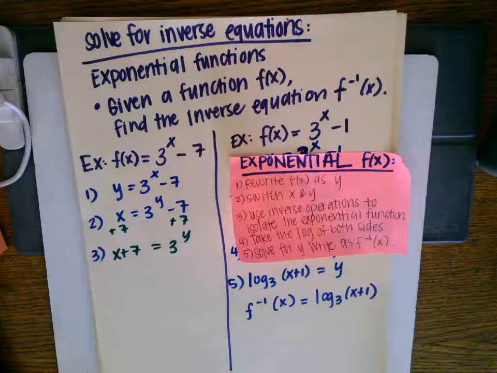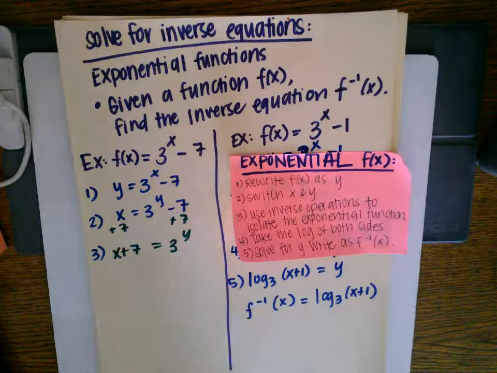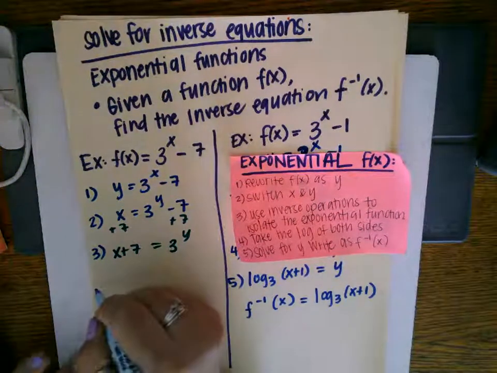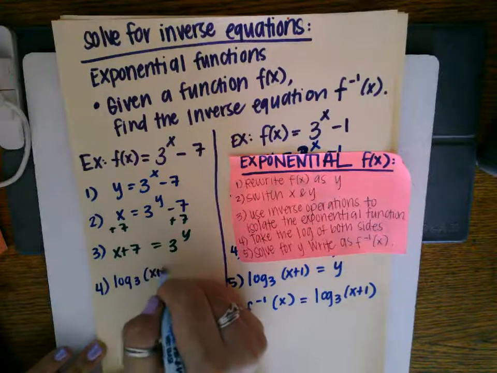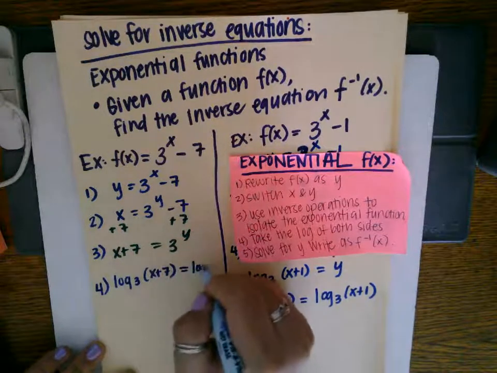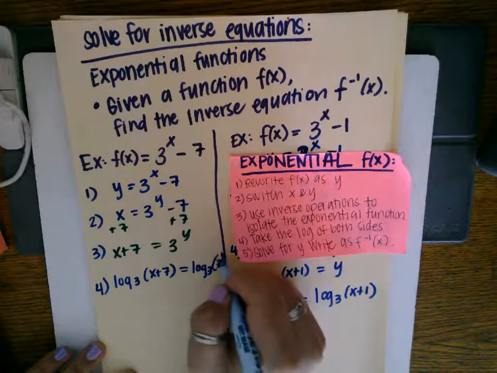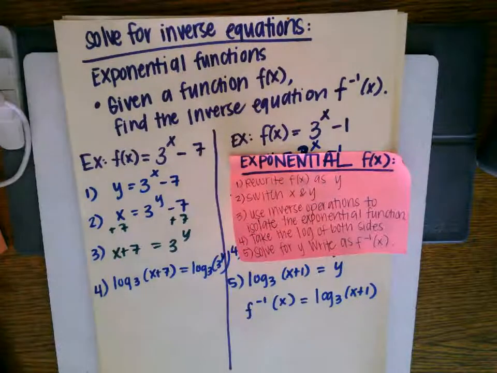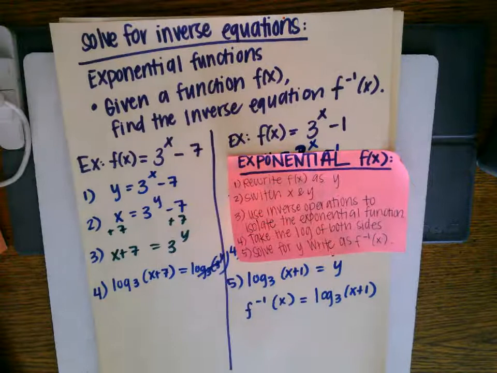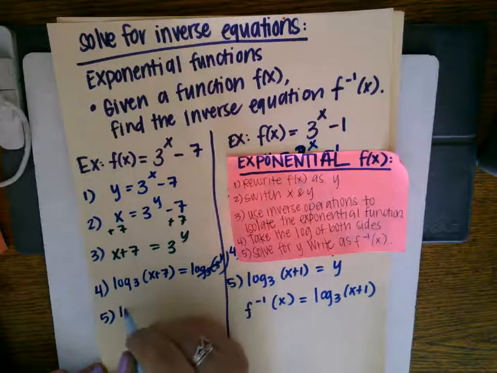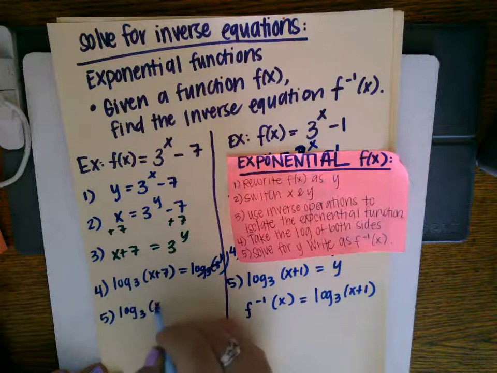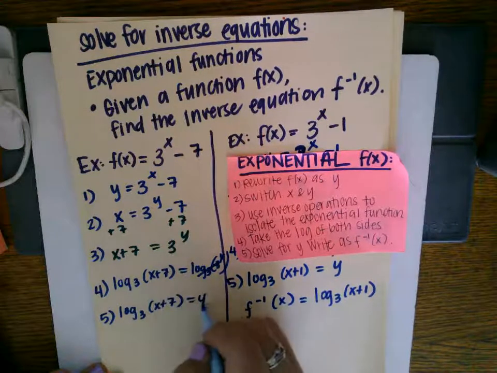We've got to take the log base 3 to undo 3 to the y. So log base 3 of x plus 7 equals log base 3 of 3 to the y. Again, since they're inverses, they undo each other. We are left with log base 3 of x plus 7 equals y.